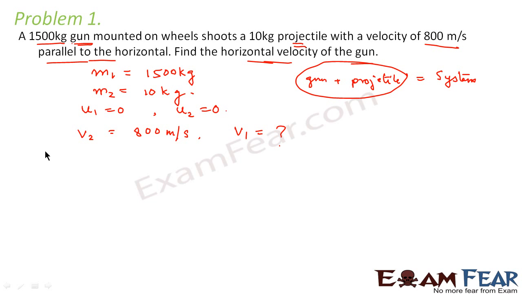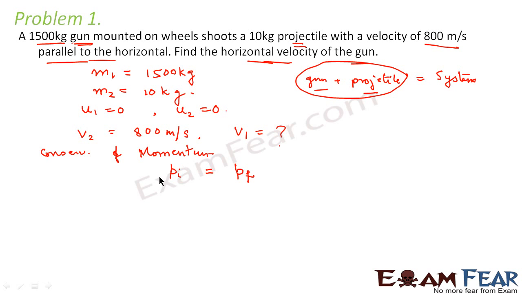Now we will apply the law of conservation of momentum. Conservation of momentum states that the initial total momentum of the system should be equal to the final momentum of the system. So what is the total initial momentum of the system? System means gun plus projectile.